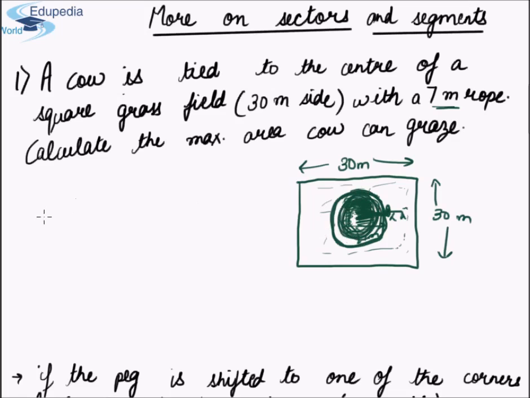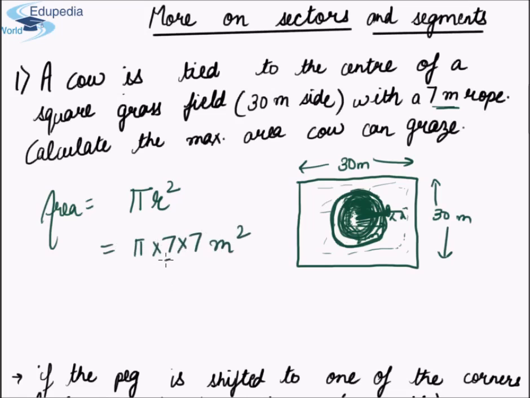So this area will be the area of the circle, that is pi r square, where r, the radius, is the length of the rope, that is 7 meters. So we have pi into 7 meters squared.